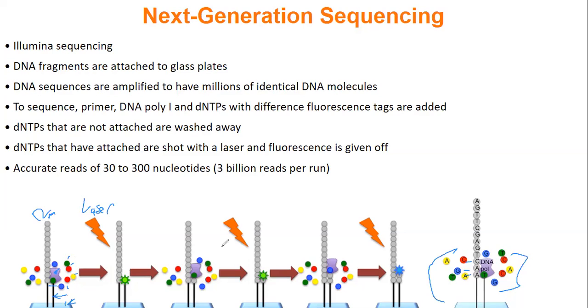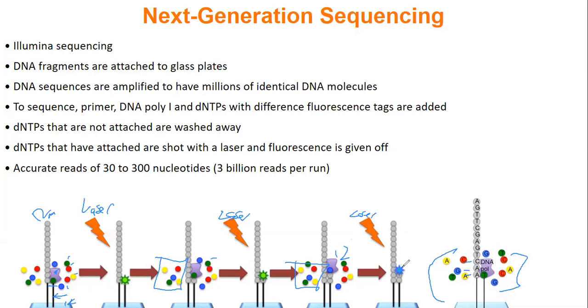And then you repeat. I add the next round of nucleotides. I let 1 attach. I use a laser, see what light comes off. I get green again. That means a T was added. Next, add more nucleotides. Let polymerase work. See what was added, shoot it with a laser.